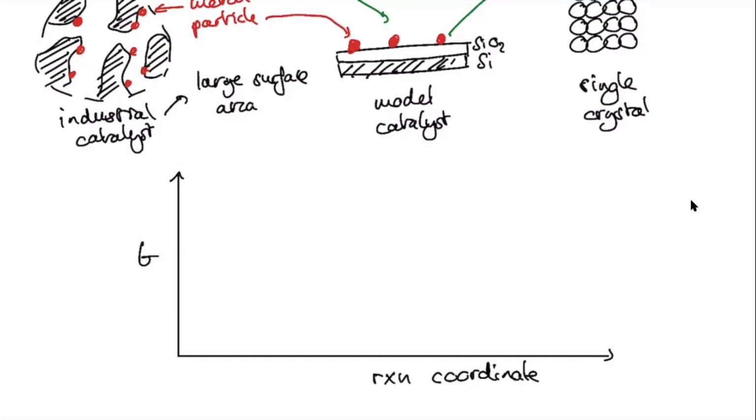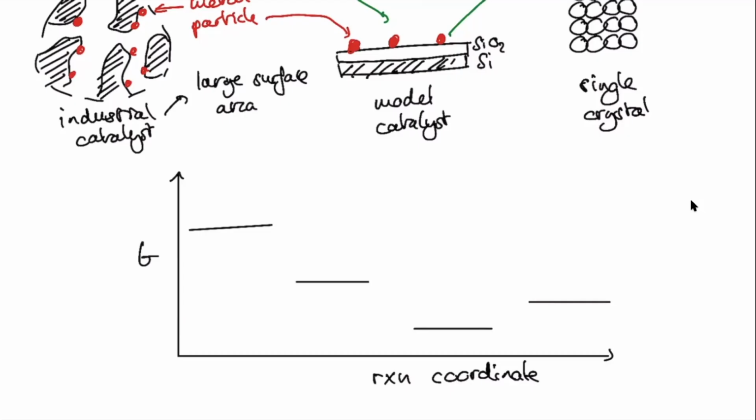So again, I start with my reactants. Then I have a state where I have adsorption. I have my reaction, and then I have desorption. So let's look at those steps.